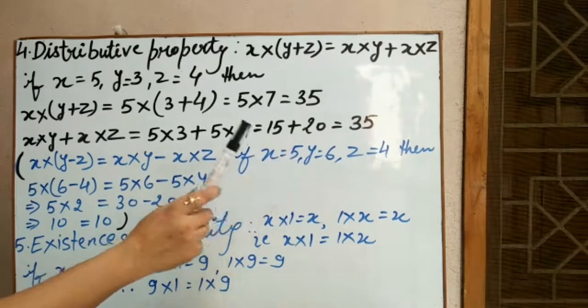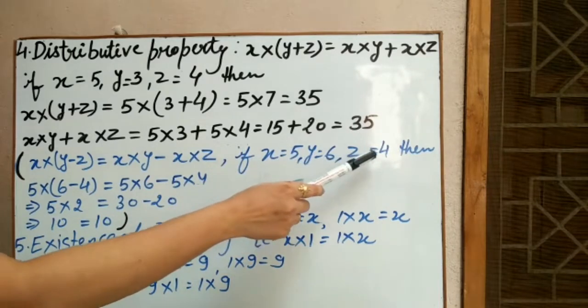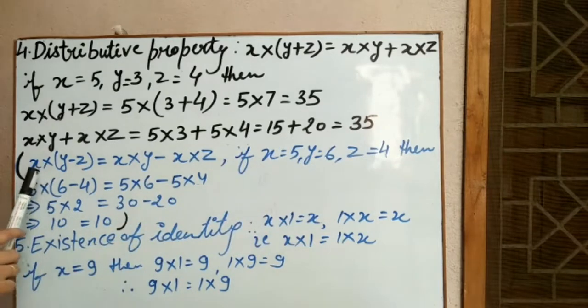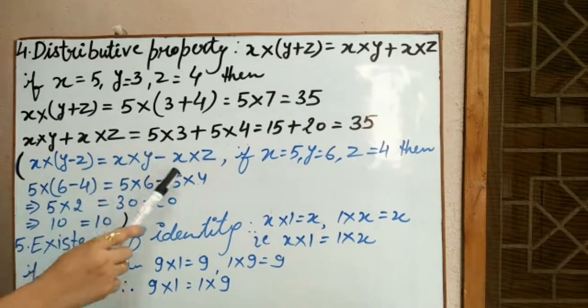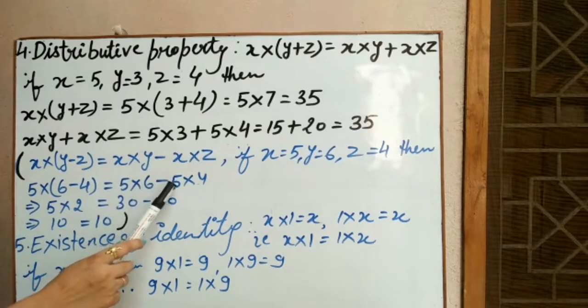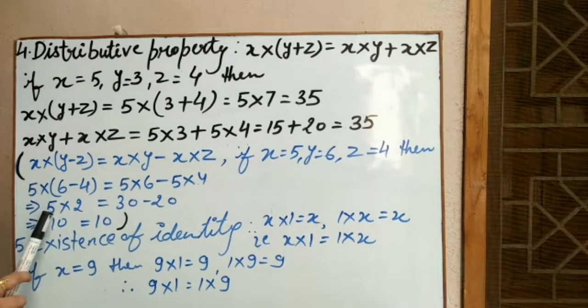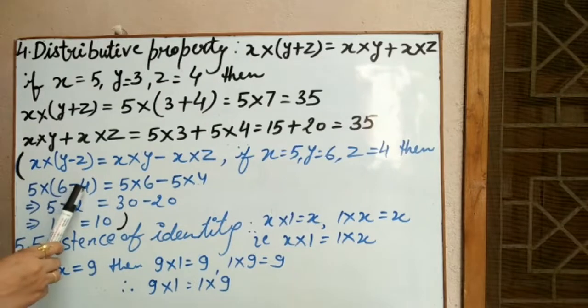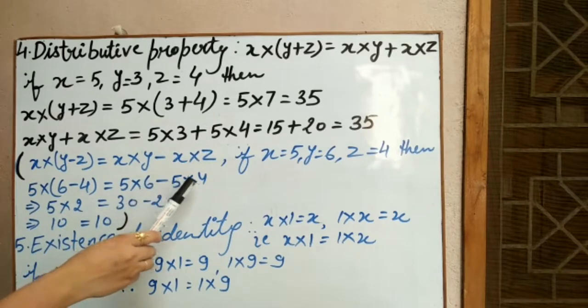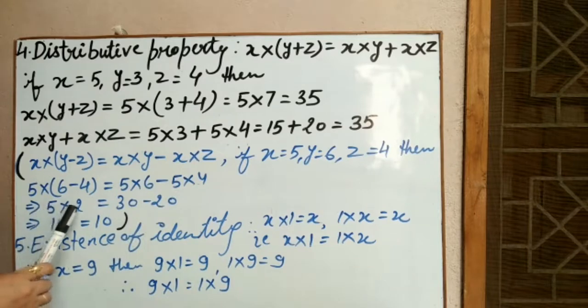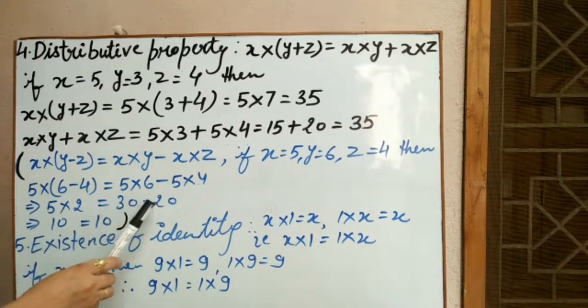If x is equal to 5, y is equal to 6 and z is equal to 4, then we will find out the value of this side. 5 into (6 minus 4) is equal to 5 into 6 minus 5 into 4. 6 minus 4 is equal to 2. 5 into 2 is 10. And 5 times 6 is 30 minus 5 times 4 is 20, which is 10.